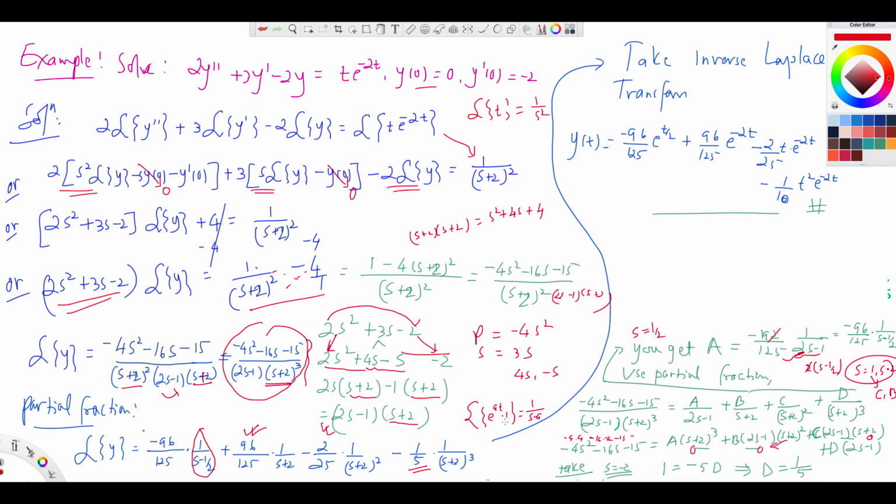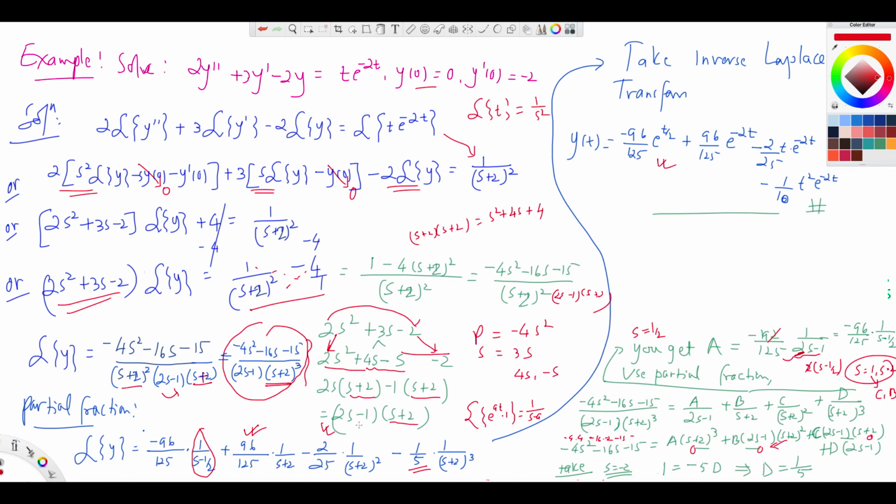Look at that. Because the Laplace transform of 1 is 1 over s, but if you multiply by e to the at, s is replaced by s minus a. That's what we are doing, right? So what you get here is a is basically 1/2. So the inverse Laplace transform of this is negative 96 over 125 times e to the positive 1/2 t. That's what we get here.